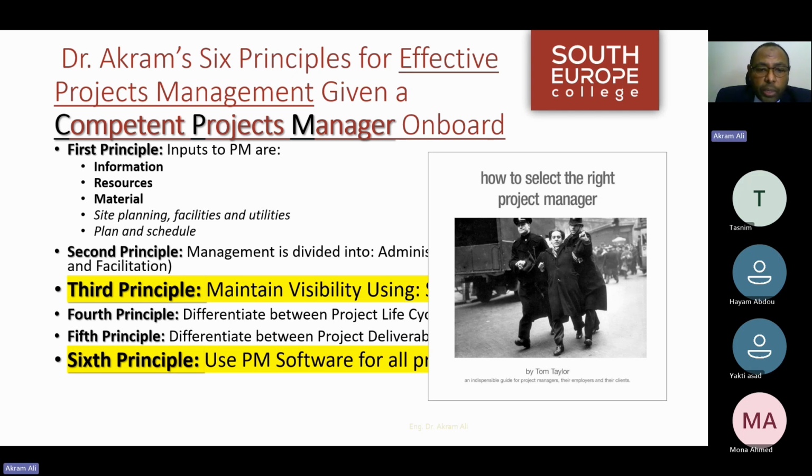And the fourth principle is differentiate between project life cycle and project management life cycle. Fifth principle, differentiate between project deliverables and project management deliverables. And finally, always use a project management software.